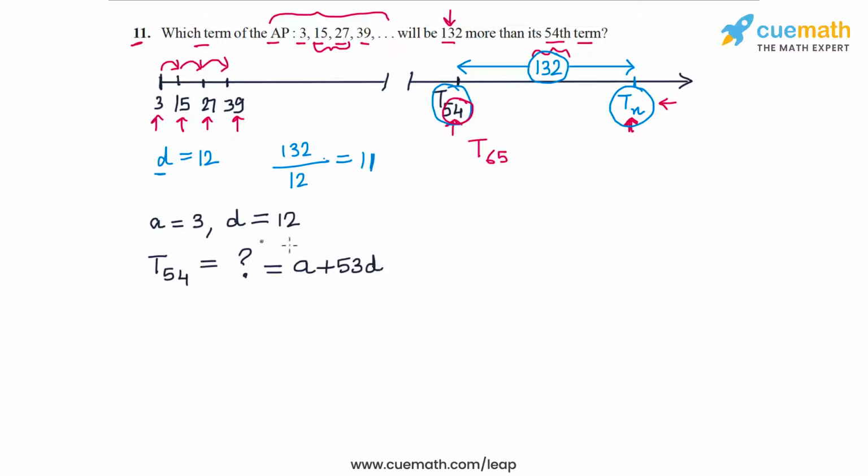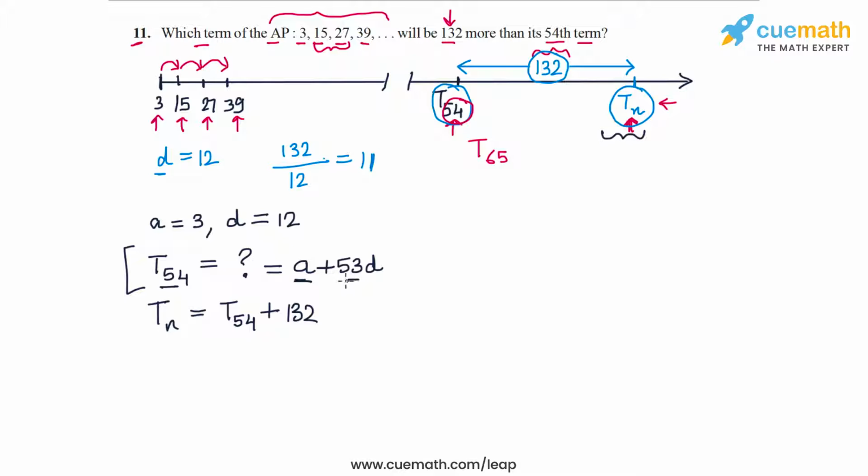And we can now substitute the values of A and D and find the 54th term, and then we can find the term whose position we are trying to find. We can find this term by adding to T54 this number 132, and then from here we can back calculate the value of n. But a more elegant approach is not to evaluate the numerical value of the terms at all and directly use this expression for T54.